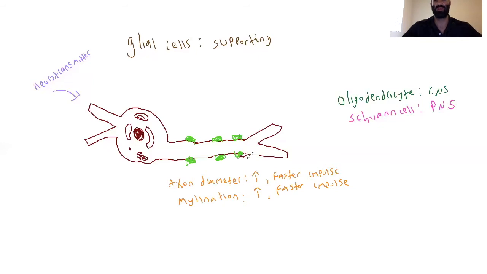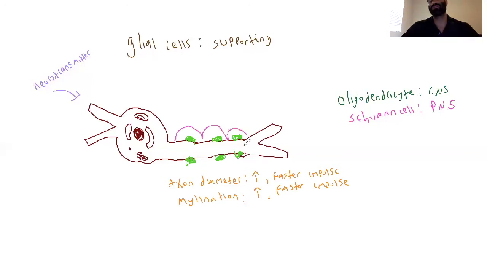So what that does is it drastically increases the rate of conduction. That's because under normal circumstances, the impulse would just run down the axon like this. This is how it would happen normally. But when an area is myelinated, instead the impulse jumps.